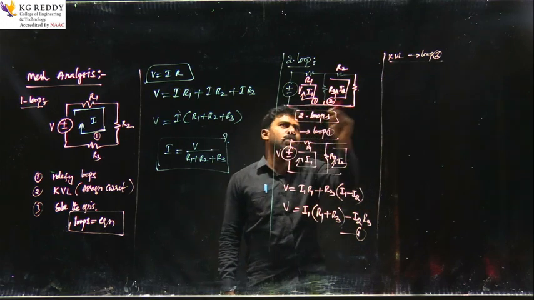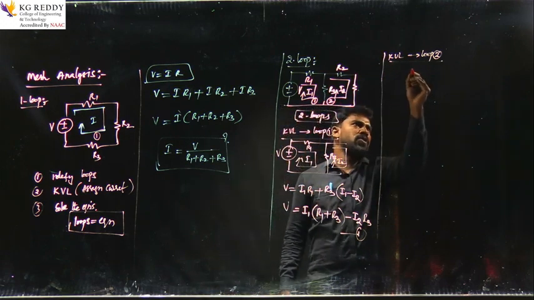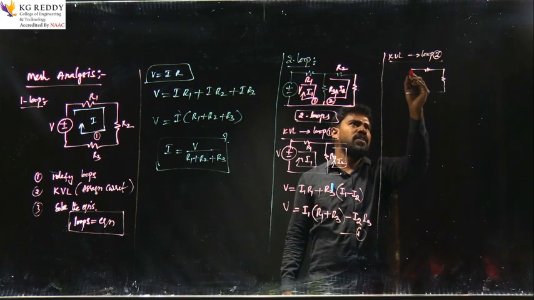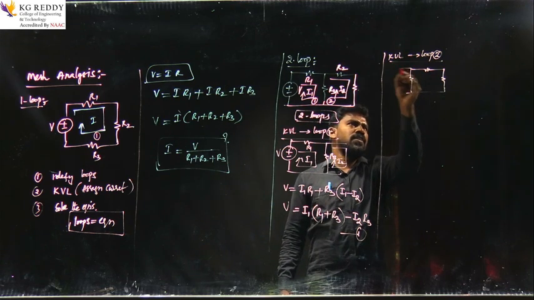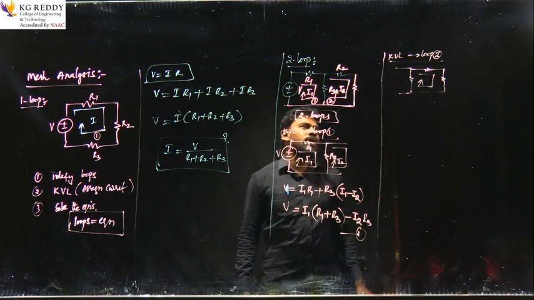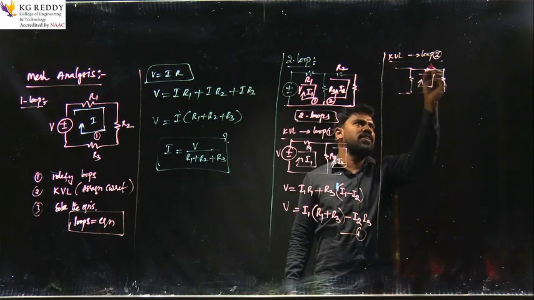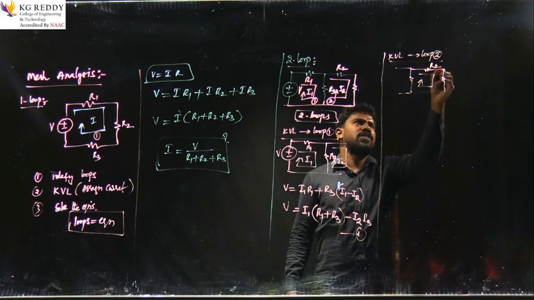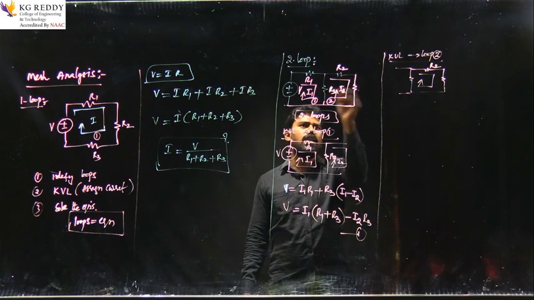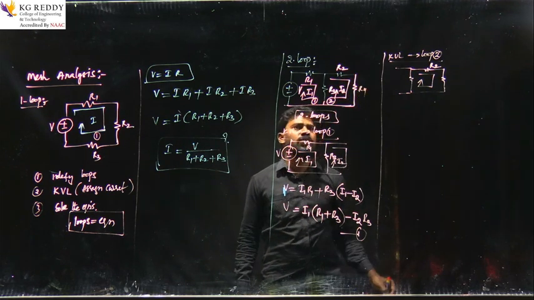You have to identify. Again I am going to redraw this loop 2. For identification purposes, observe each and every step, because then you will find it very easy. This is the R2 element, and this is the R4 element.